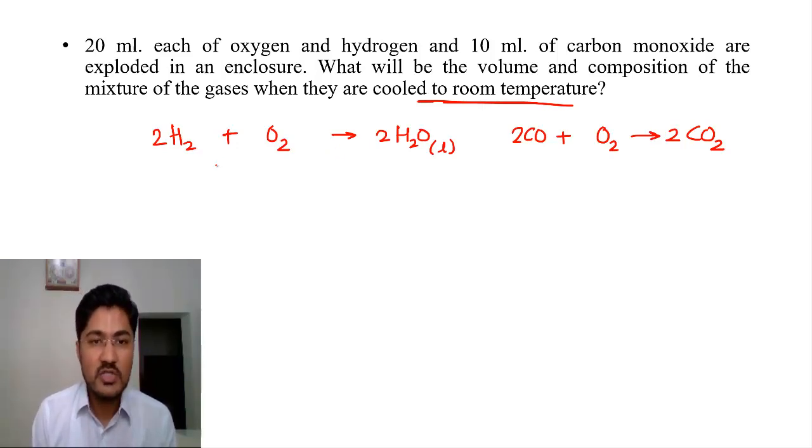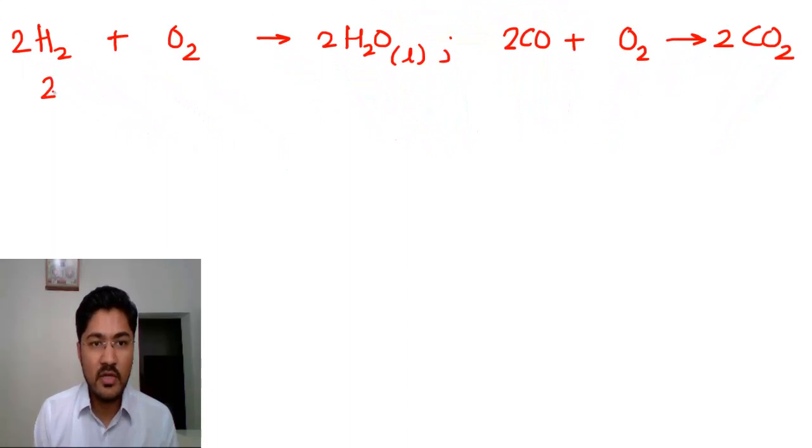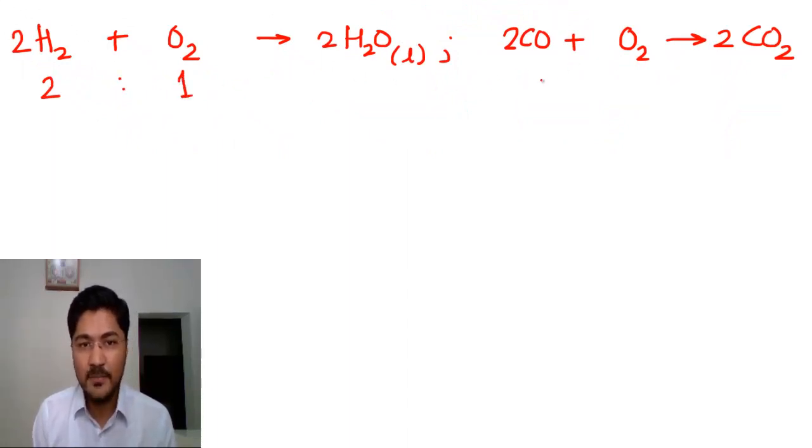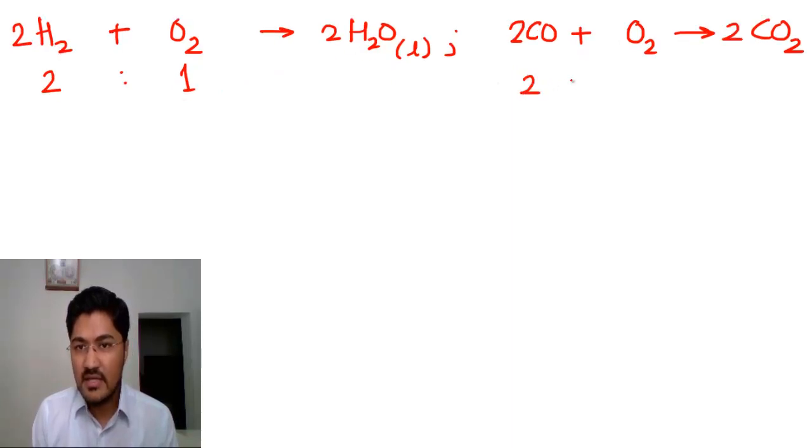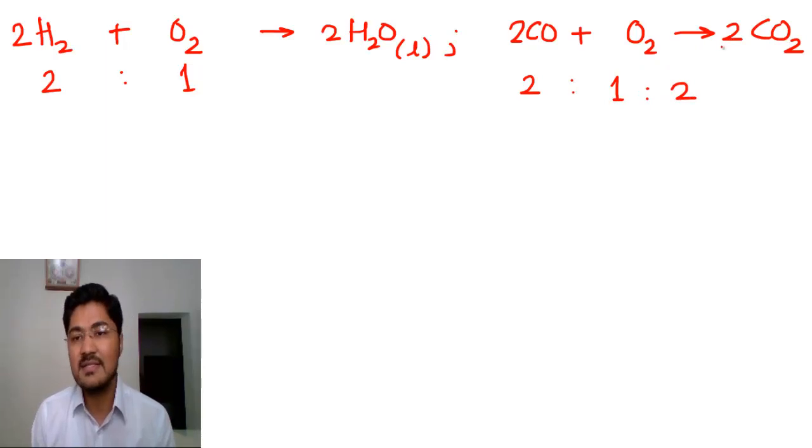Now applying Gay-Lussac's law to both equations, it will be 2:1:2, with nothing for water because it's a liquid, and in this case 2:1:2. We already know that carbon dioxide is a gas at room temperature.